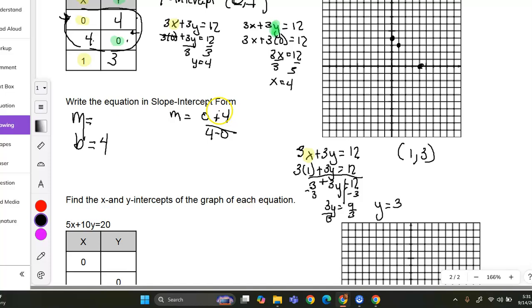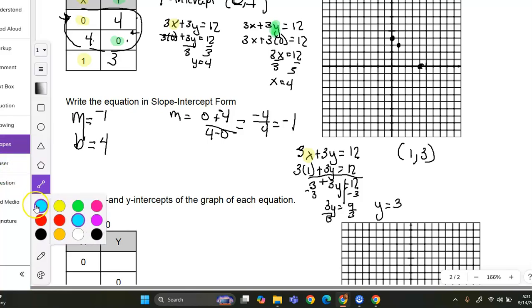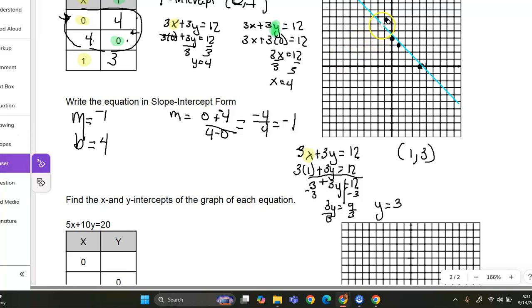Be careful because this one becomes a negative 4. So I have negative 4 over 4, which gives me negative 1. So m is going to equal negative 1. And this is a negative slope. Oh, my line needs to go over a little bit more.